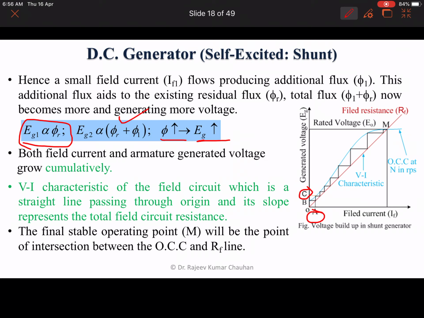This stairs will carry on up to the point M. The VI characteristic of the field circuit is a straight line passing through the origin, and its slope represents the total field circuit resistance. The final stable operating point M is the point of intersection between the open circuit characteristics and the RF line of the generator.